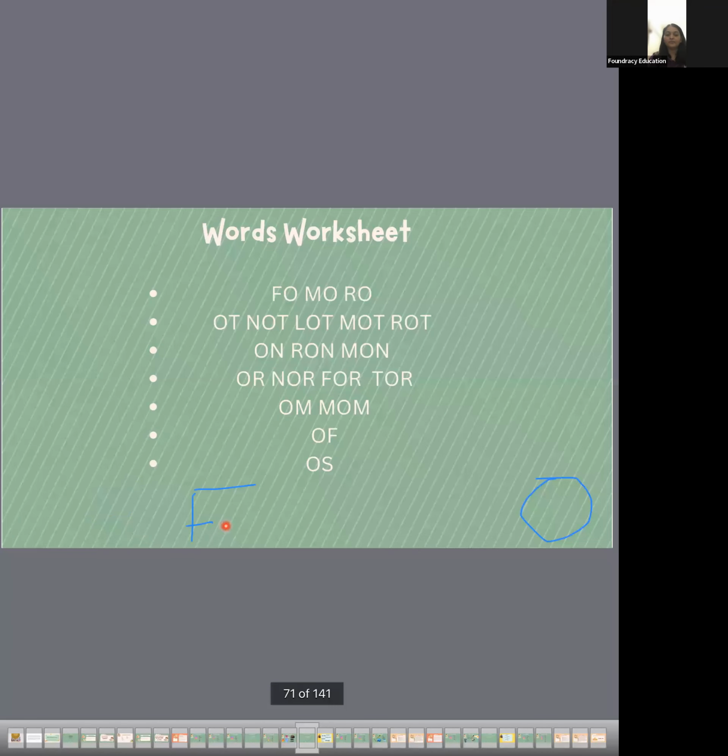So I just point to the sound and you say the sound till the time I reach O. And as soon as I reach O, you have to leave that sound and say the sound of O. Similarly, if I write this closer, so again. Do you realize you are just saying for, you're not saying off, and O. Right.